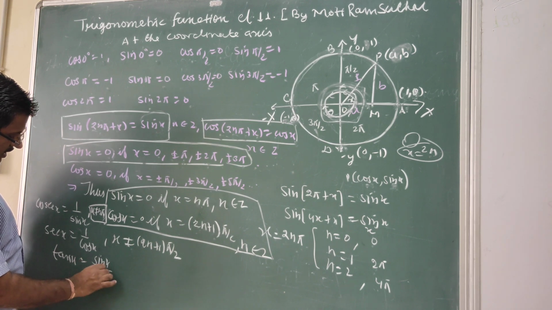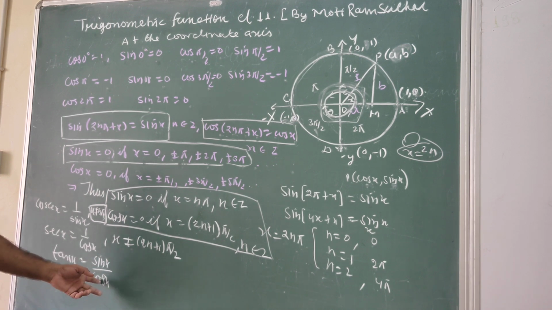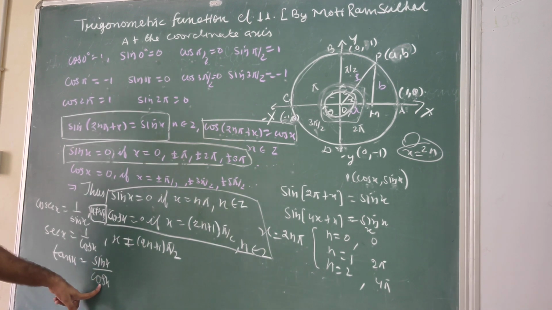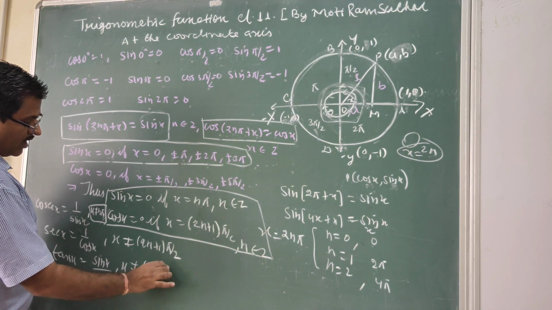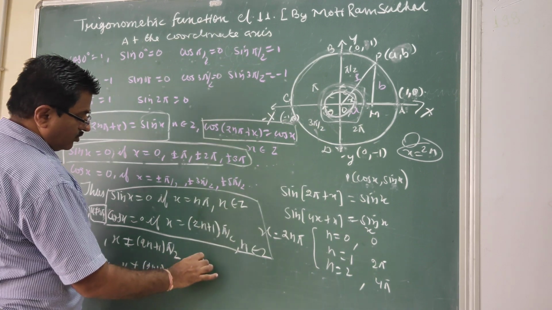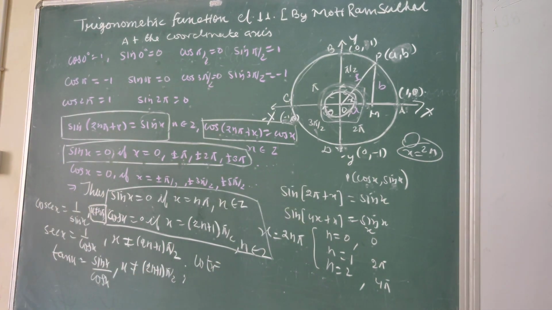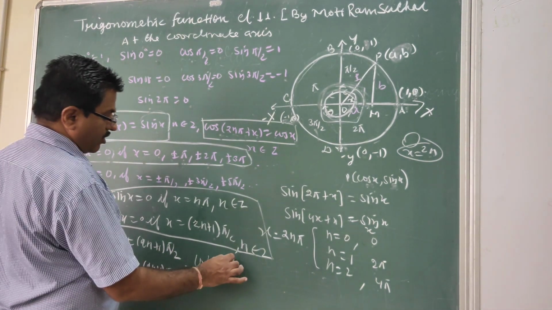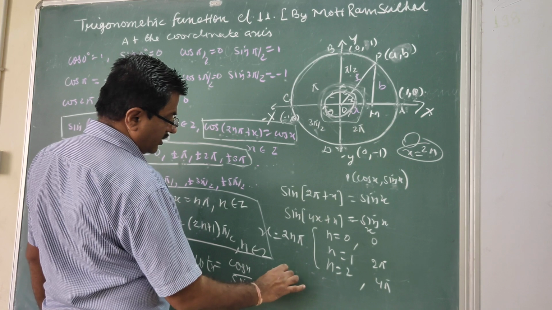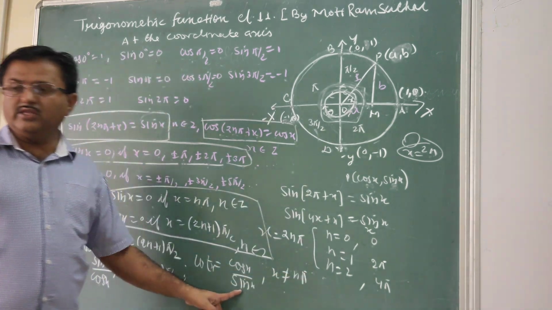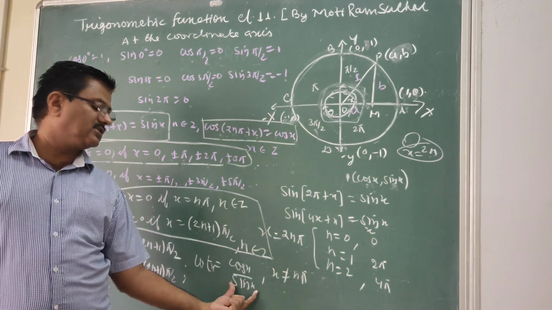We know the values of sin x and cos x at any of these angles. But in the denominator cos x should not be 0, so here again x is not equal to 2n plus 1 into pi by 2. Now if you know the value of tan, you can find the value of cot x, either with the help of tan x or with the formula cos x upon sin x, where x is not equal to n pi, because in the denominator there is sin x, and if you take x as any n pi, then that will be 0.